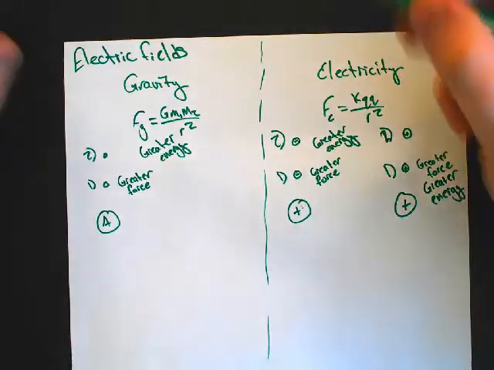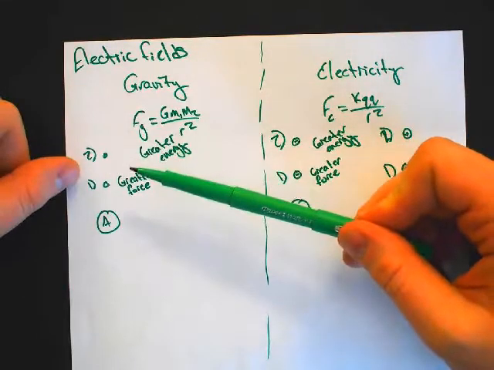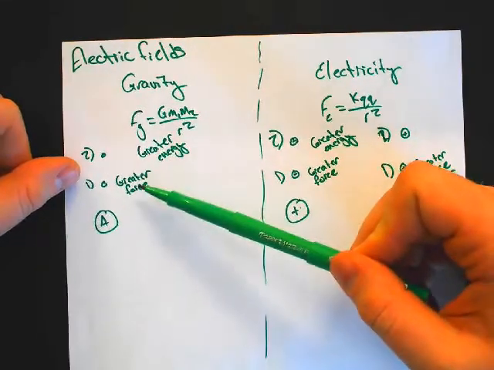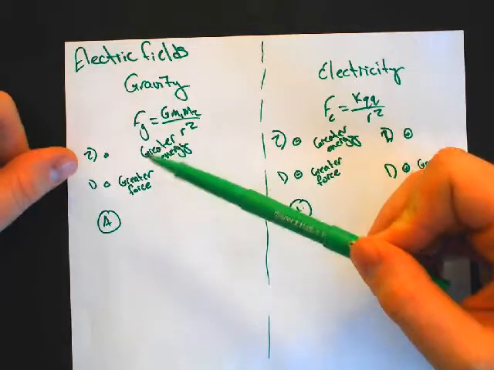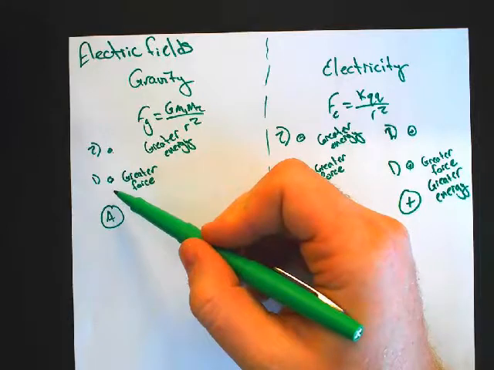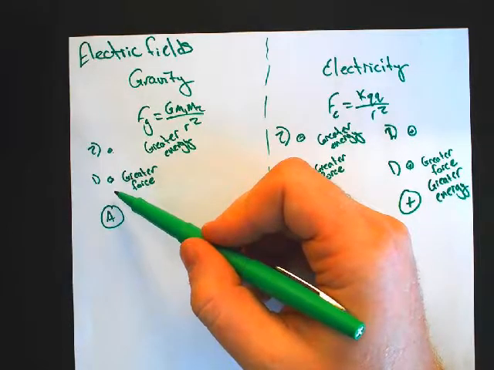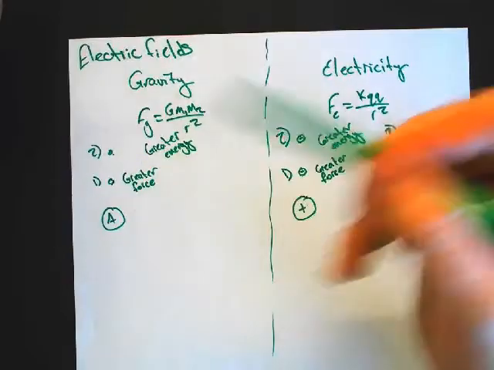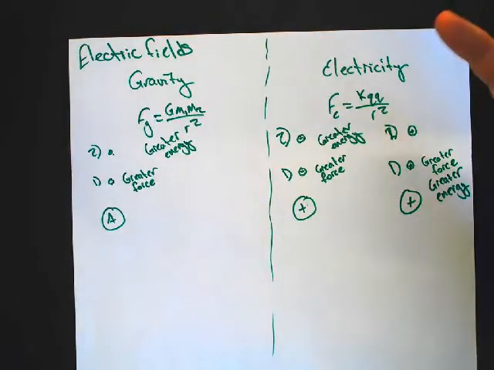When you determined the answer for gravity, regardless of whether it was greater force or greater energy, did the object that I place at this location matter? Right. If they're the same, no, it doesn't matter at all.